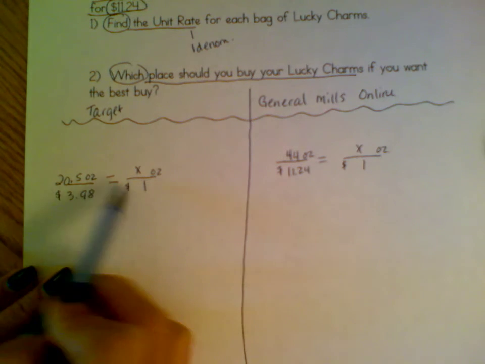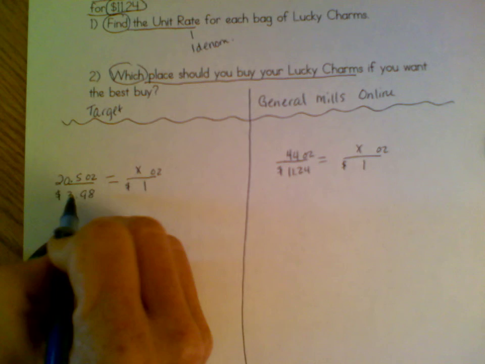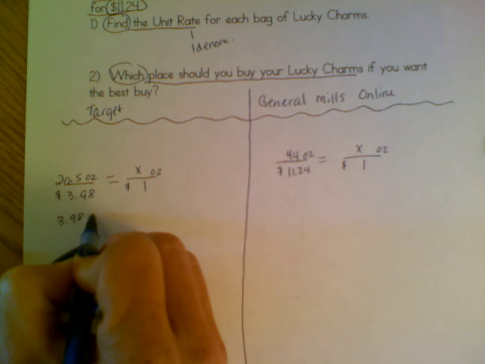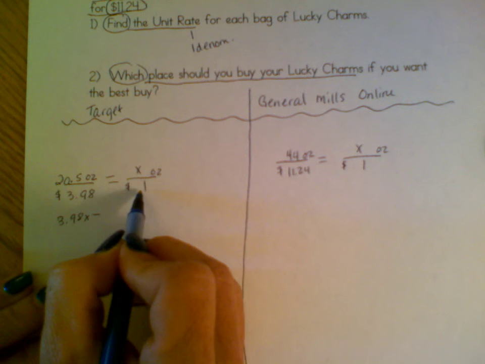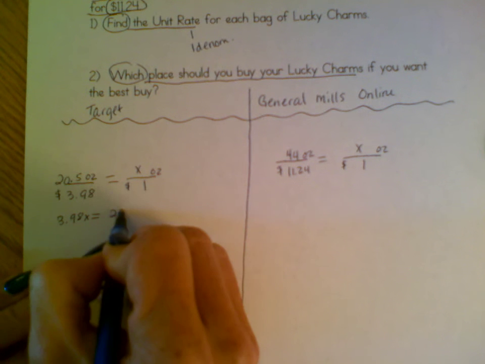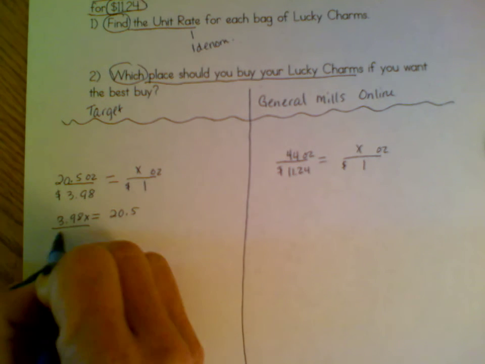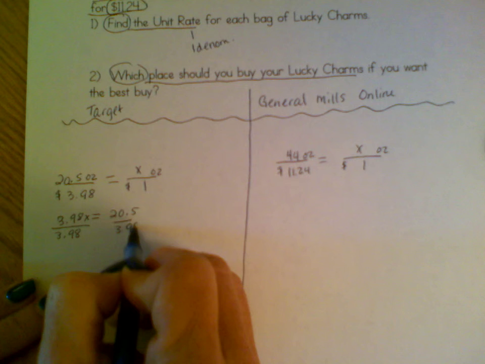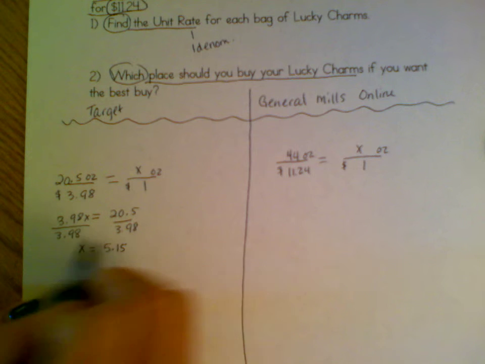This is not super easy. I could scale down, or I could use means and extremes. I'm going to do means and extremes. So I could take 3.98x is equal to 20.5 times 1, which is 20.5. When I solve and isolate my variable, I use inverse operations. Divide by 3.98, divide by 3.98, and I get x equals 5.15.